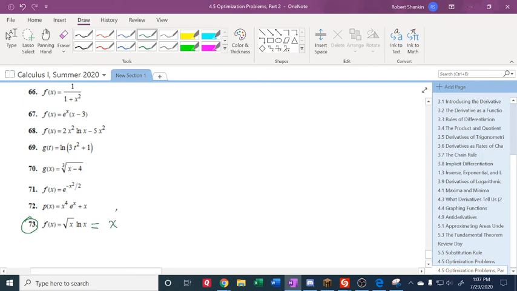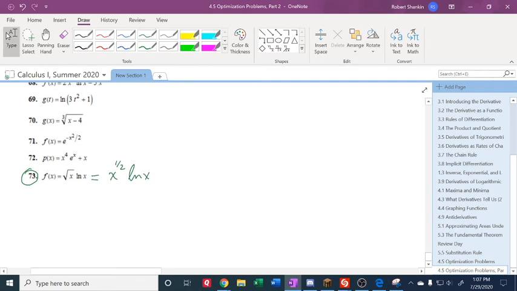I'm going to rewrite this as x to the 1/2 ln x. I'm going to have to get f prime and then f double prime.